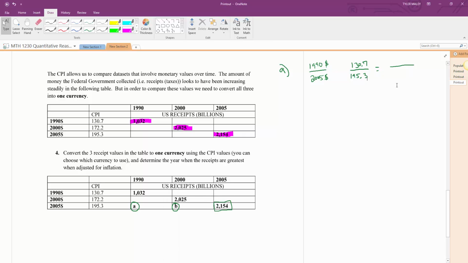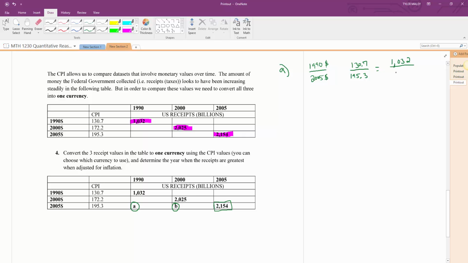And then the actual value in 1990 was 1,032. And this is in billions, but since everything's in the same units, I don't have to worry about units. I can just use that value.